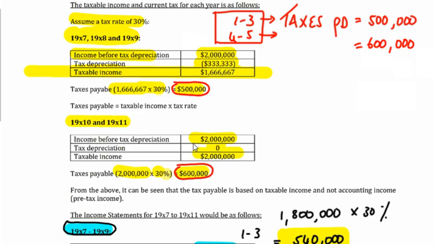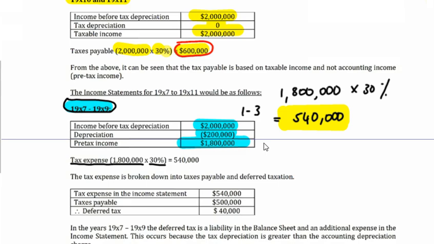The tax man says, no, no, no, I only want 500,000 from you. The accountants say, yeah, I want 540 from you. What's the difference in the first 3 years? The difference will be $40,000 for years 1 through 3.